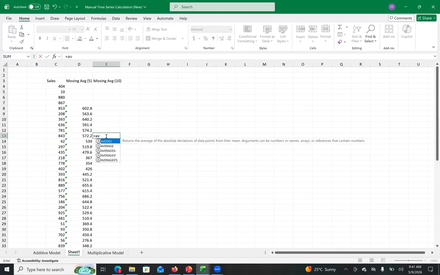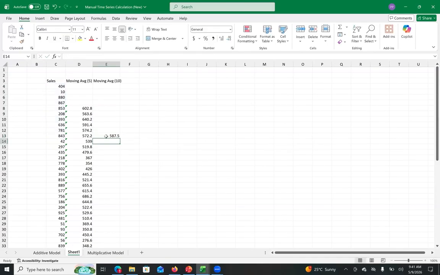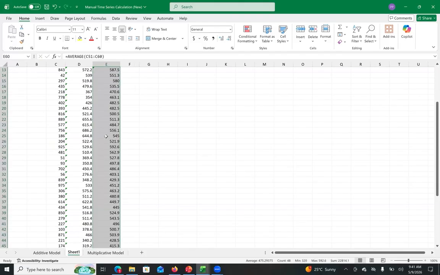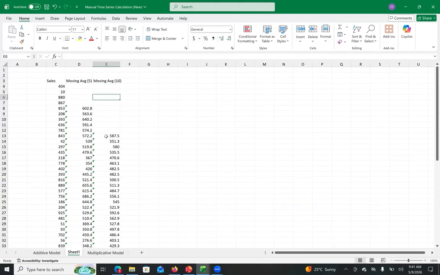So if you look at the 5 days moving average, at any point of time, I'm looking at the last 5 days and taking an average of it. If I look at the last 10 days moving average, at any point of time, I'm looking at the last 10 days and taking an average of it.